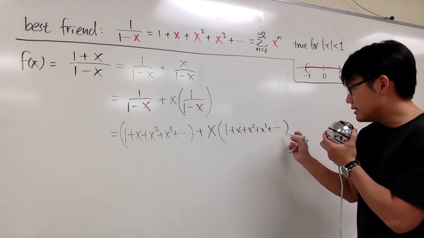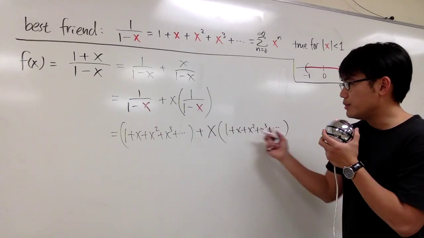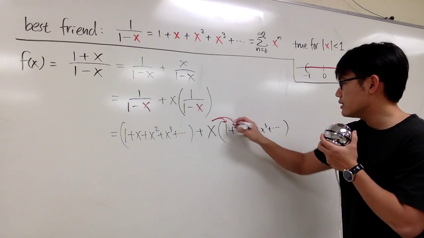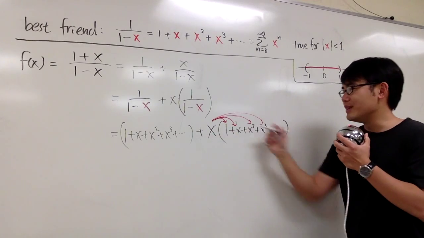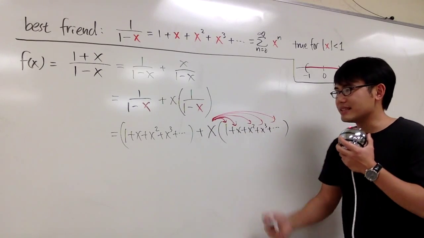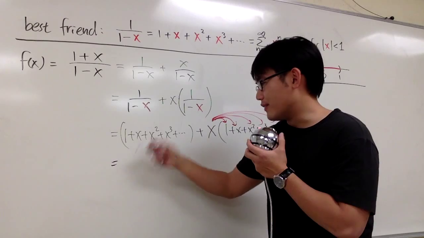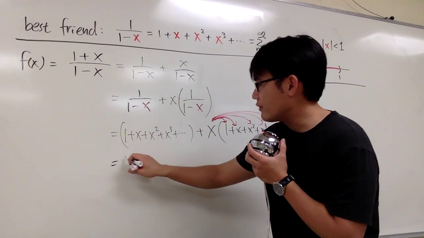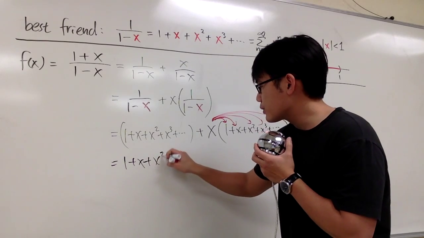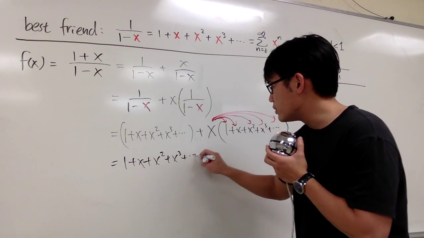For the second thing right here, we can distribute the x into the parentheses. So just multiply x infinitely many times into everything inside. The first one stays the same, but I will take out the parentheses, so we will have 1 plus x squared plus x to the third power and so on.